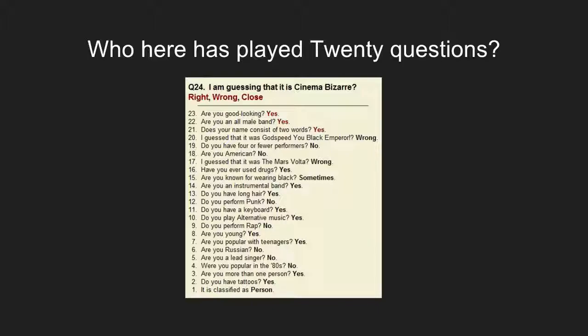So we have person, not person. Our second question, do you have tattoos? Yes, so tattoos, not tattoos.